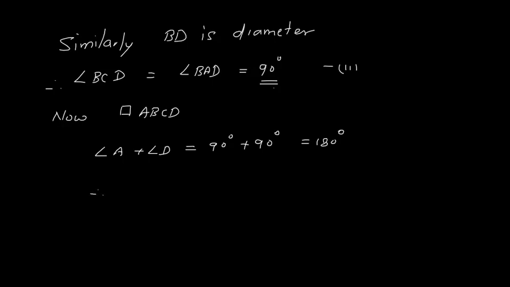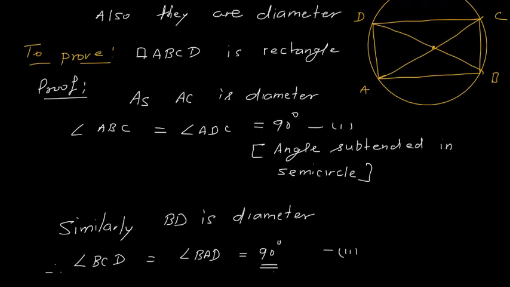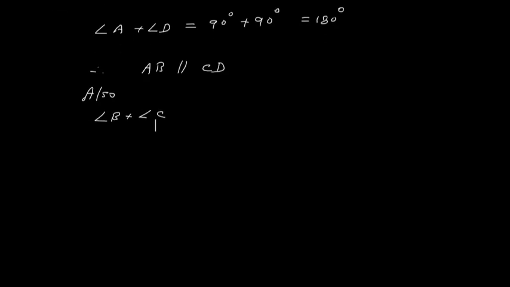Therefore AB is parallel to CD. Also, angle A plus angle B, this is also 90 degrees plus 90 degrees, which is equal to 180 degrees.